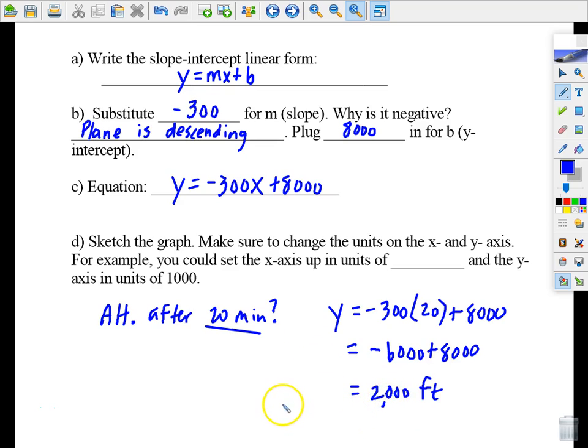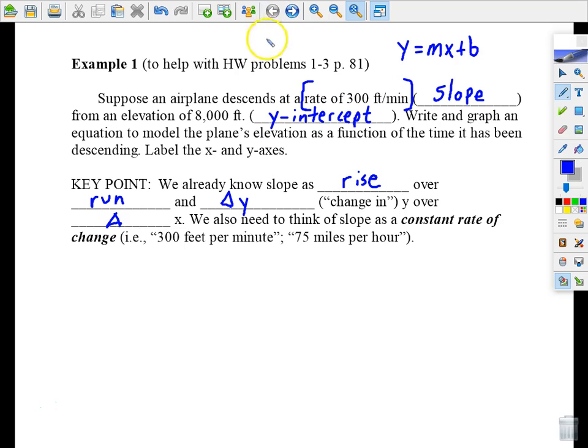All right, so again, two types of problems. The question you're asking, which will determine how you attack these problems, is: how am I given slope? How is slope described? Is it a constant rate of change like this, which makes it pretty easy?